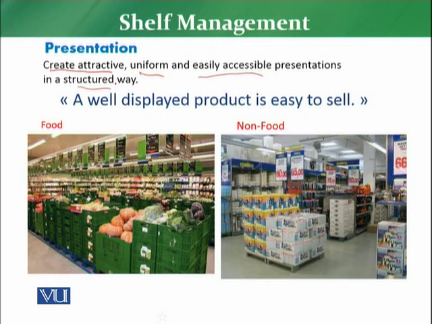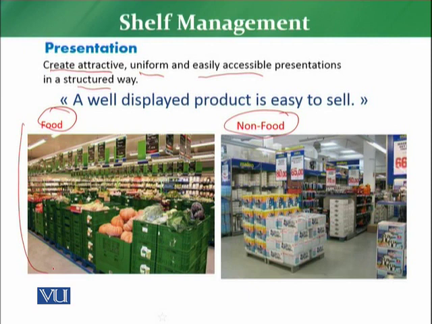So for example, you have two examples here for food and one for non-food. Now you can see the example for food. This example is attractive because if you go to this area to buy vegetables or fruits, you see uniformity in the presentation.